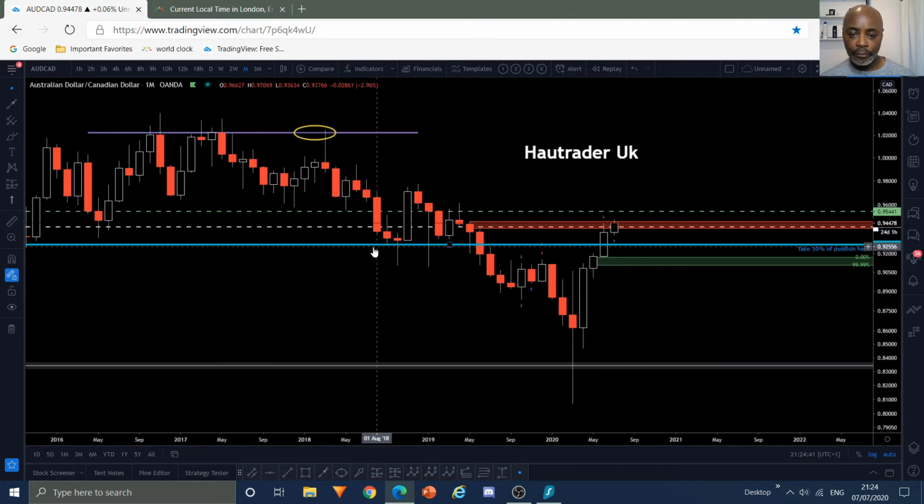First things first, what you will see here is this white dotted line and this green dotted line. The white line is a 61.8% fib retracement, and the green one is just a random fib retracement, the 67.8.